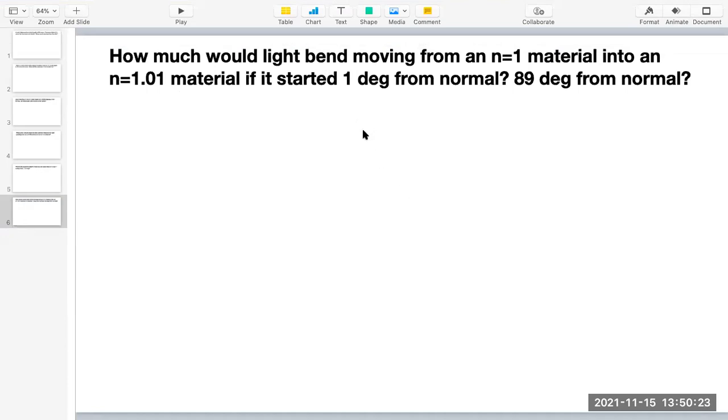So this is just doing Snell's law twice. The process isn't particularly interesting, but the result, I think, is. So that is our formula.